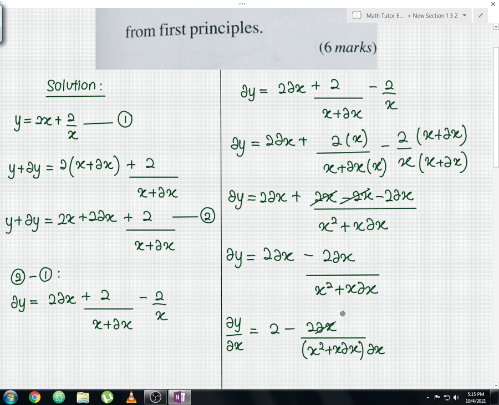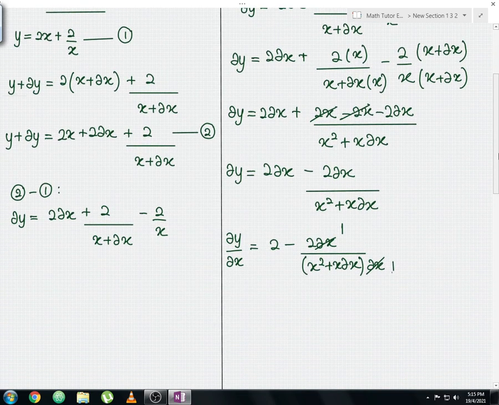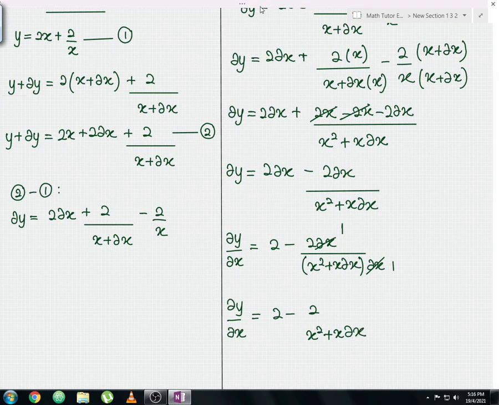Delta x simplify, get 1 here, simplify, you get 1 here. So from here your delta y over delta x will be equal to 2 minus 2 over x square plus x delta x. Let me underline the fraction.